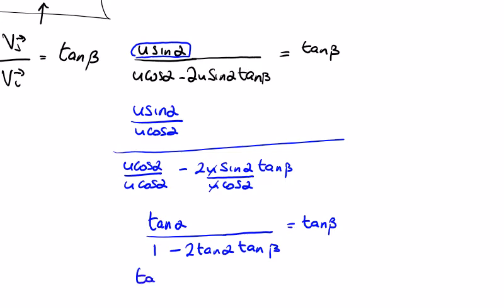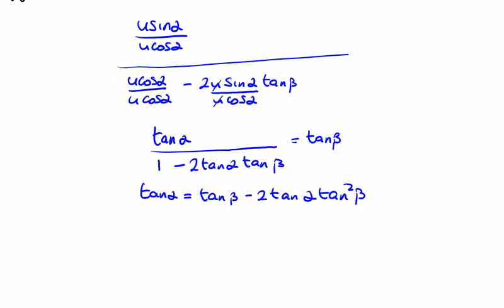So we're going to get, cross multiplying, tan alpha is equal to tan beta minus 2 tan alpha tan squared beta. And if we bring the other tan alpha across, plus 2 tan alpha tan squared beta equals tan beta.